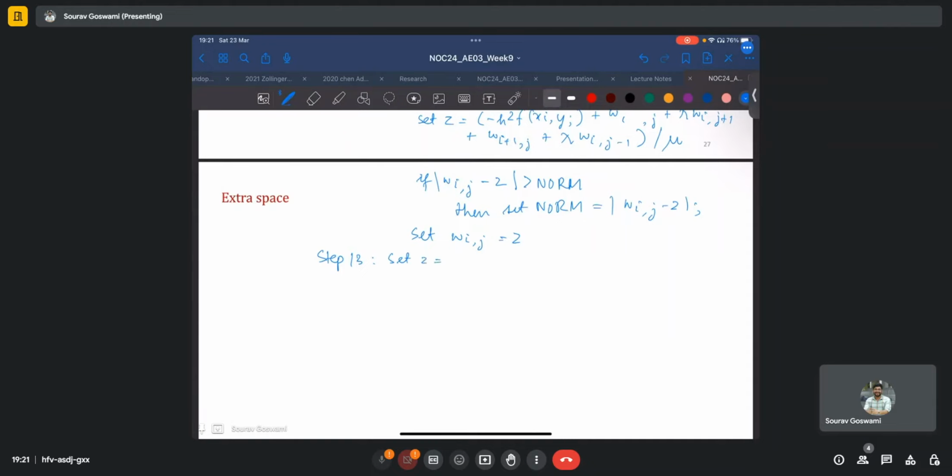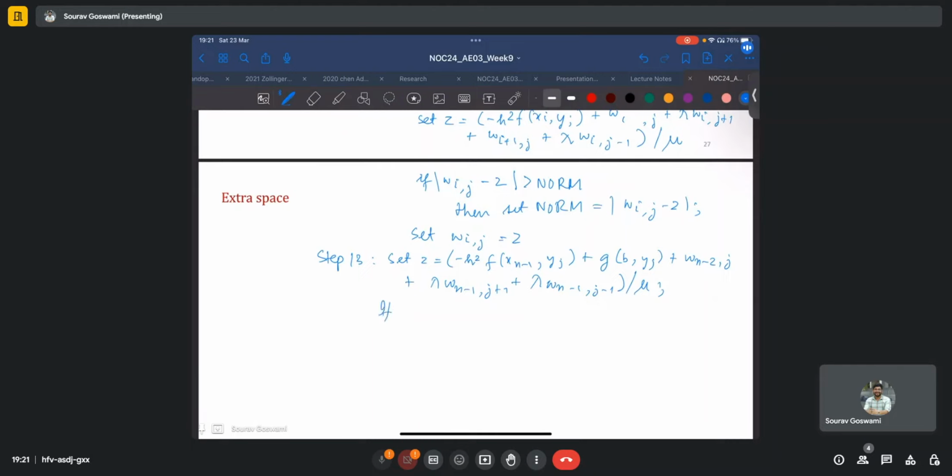So, f of x n minus 1 comma yj, g of b comma yj plus w n minus 2 comma j plus lambda w n minus 1 comma j plus 1 plus lambda w n minus 1 comma j minus 1, by mu.